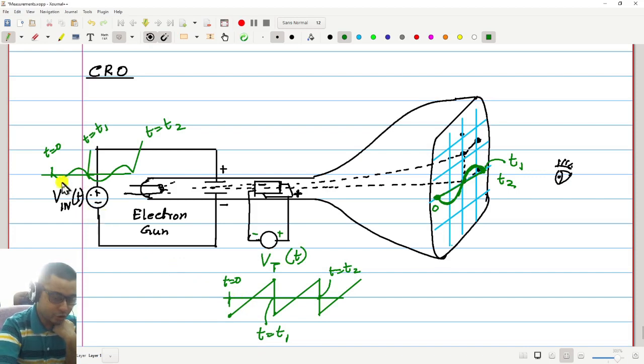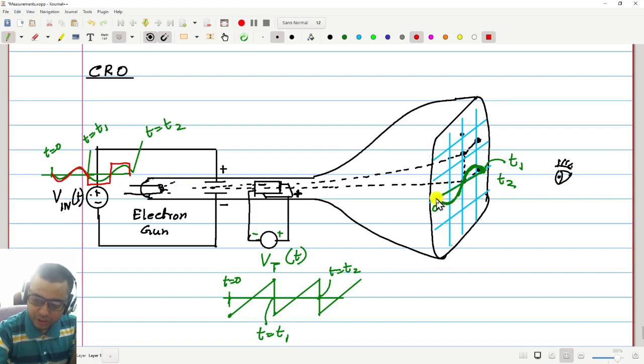Okay, and also this is a periodic waveform. Suppose here we are applying a non-periodic waveform. Okay, suppose this waveform is like this. This is the first cycle. After that it looks something different, maybe like this. Then what will we see on screen?